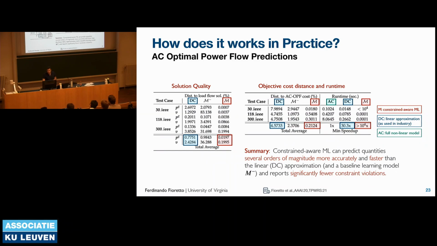Yes. So there's actually no guarantee that fewer violations are actually more accurate. So is this the accuracy after the corrections? No, that's before the correction step. So you mean the distance to the AC OPF, so the optimality gap? Oh no, that's before. Um, no, actually, I want to say that is after the projection step.